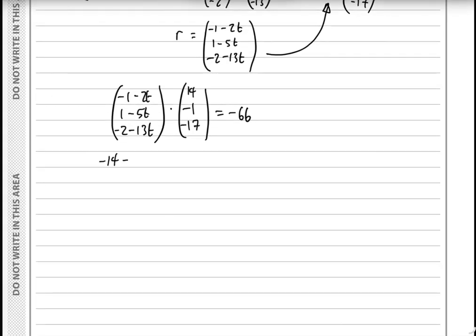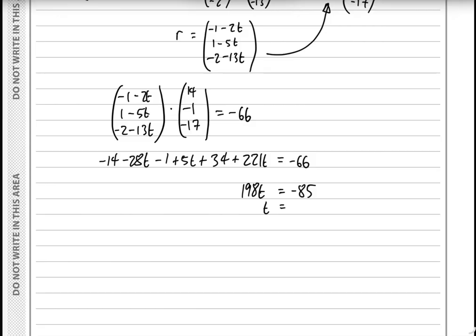Minus 14 minus 28t minus 1 plus 5t plus 34 plus 221t equals minus 66. That's 198t equals minus 85.